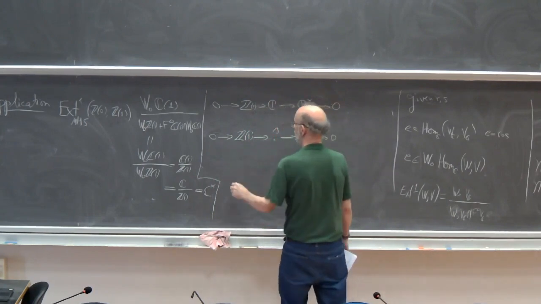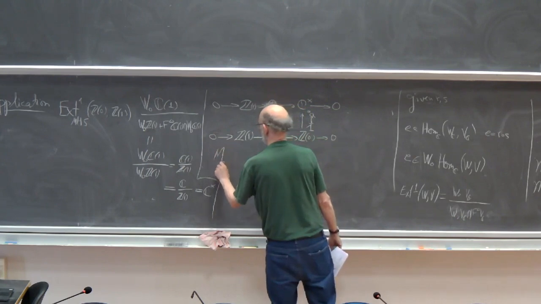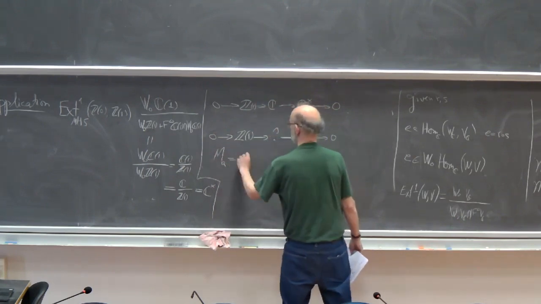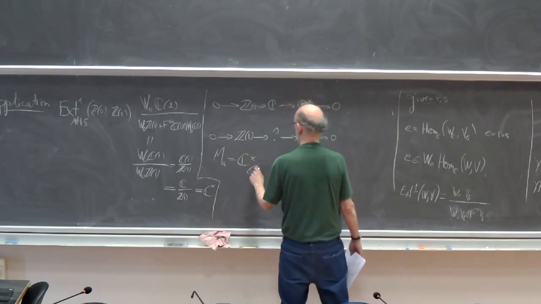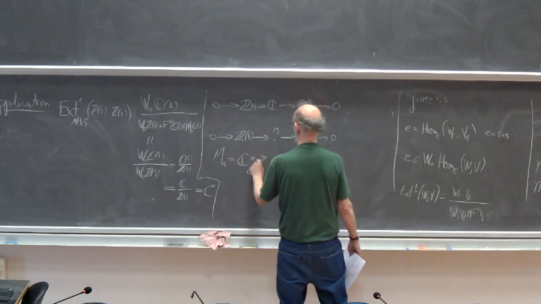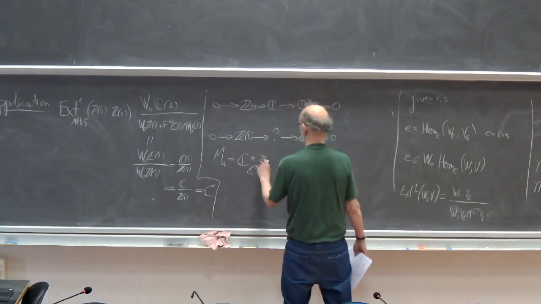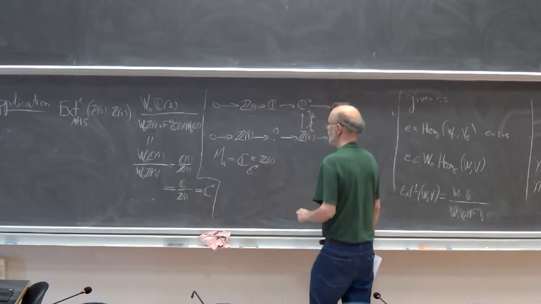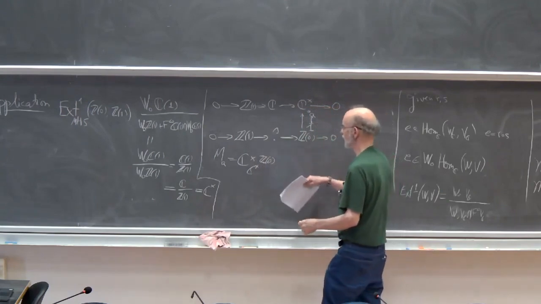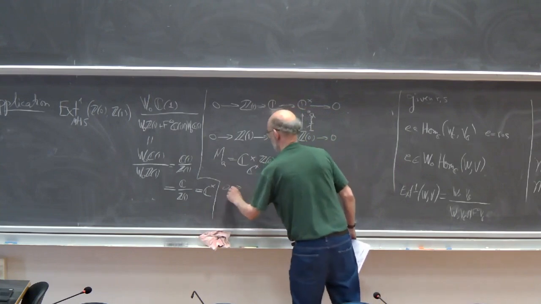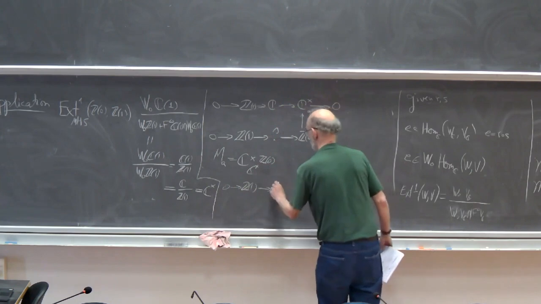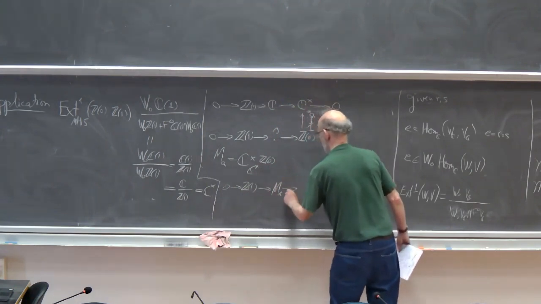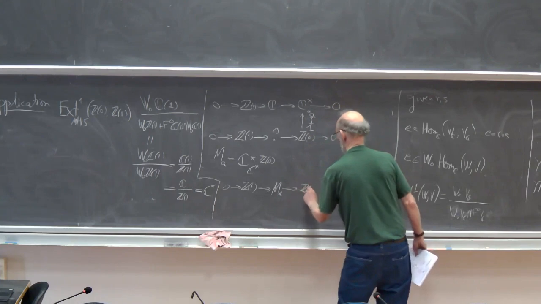So let's define M sub A to be the fiber product, C fiber over C cross Z of 0. And then we find, indeed, that 0 goes to Z of 1, M A fits into this sequence.